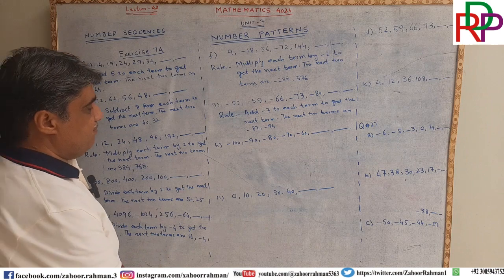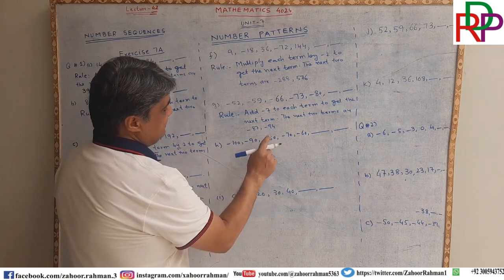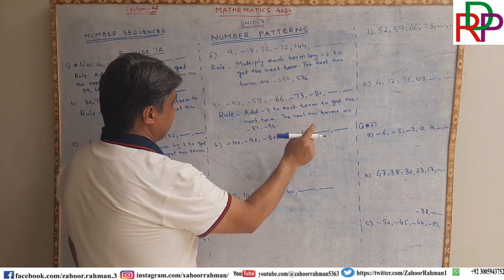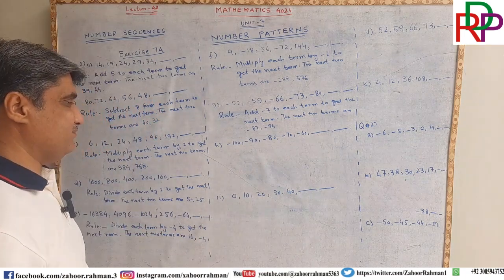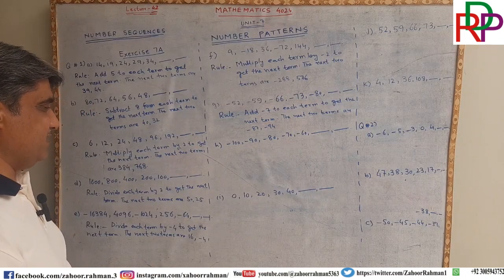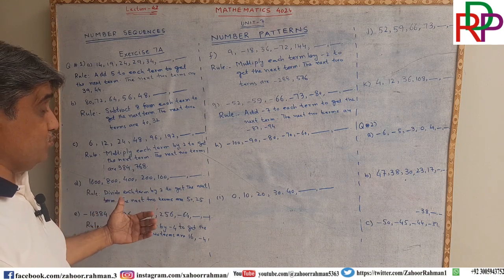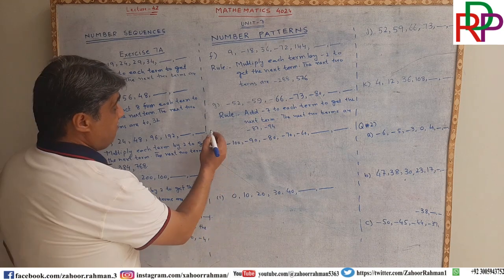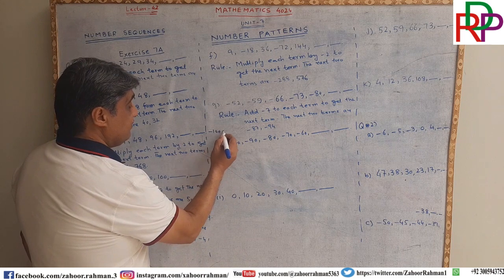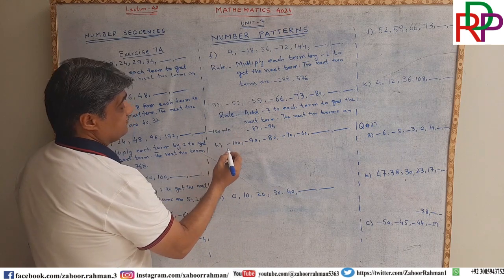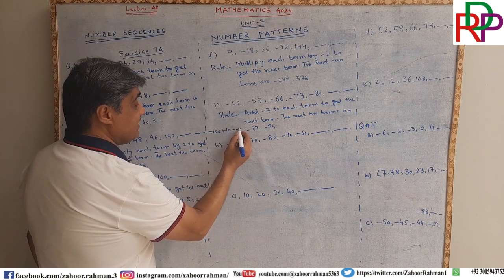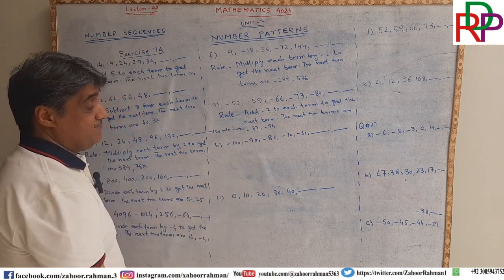Okay, minus 100, minus 90, minus 80, minus 70, minus 60 and so on. What do you observe? You are observing that we are adding 10. Minus 100 plus 10 will give you minus 90, which is the next term.